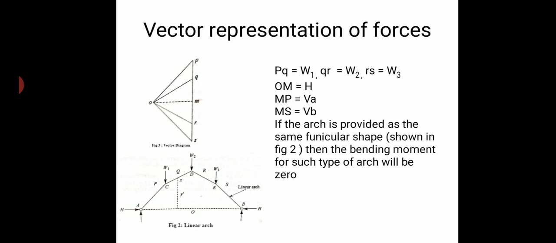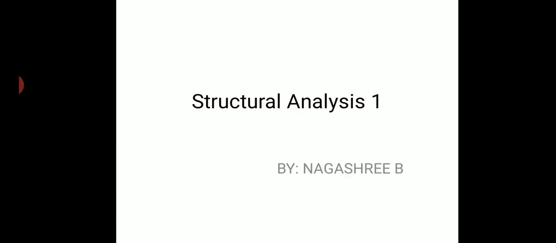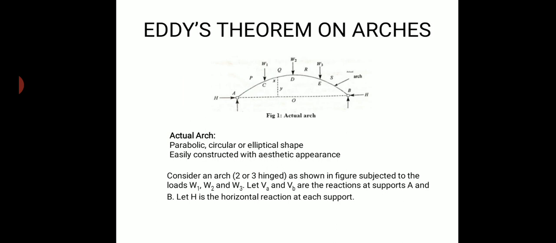Next, if an arch is provided with the same funicular shape, then the bending moment of the arch would be equal to 0. In the previous video I explained the funicular nature of the arch. I have taken the actual arch as parabolic.